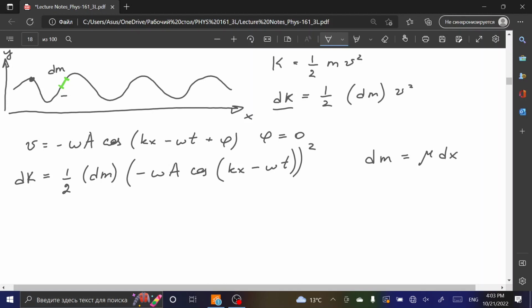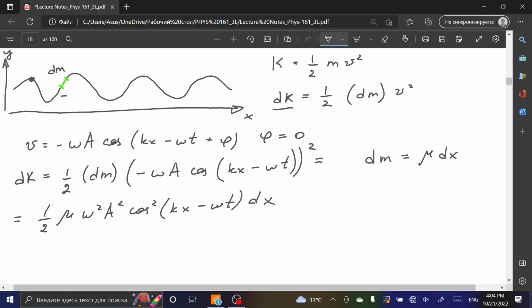Taking this into account, dK equals 1/2 mu omega squared A squared cosine squared(kx minus omega t) times dx. That is the kinetic energy of this small element.